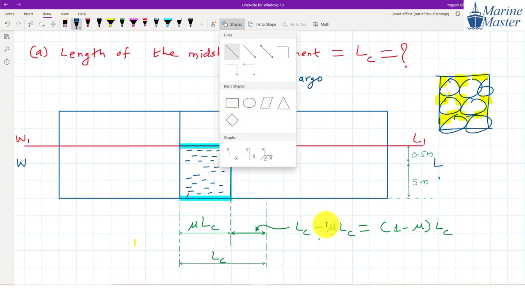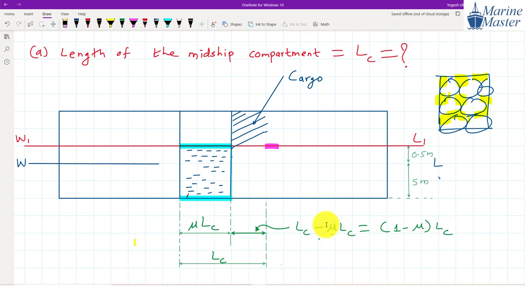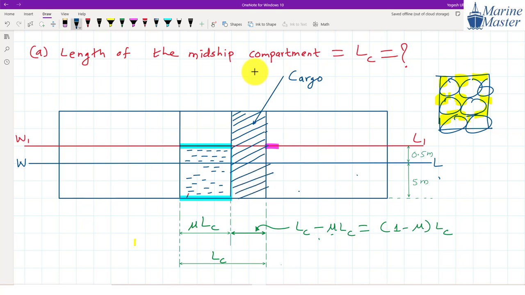First of all, I'm showing our initial water line. Then this is our transverse bulkhead. Then in this portion, this entire one will be cargo.